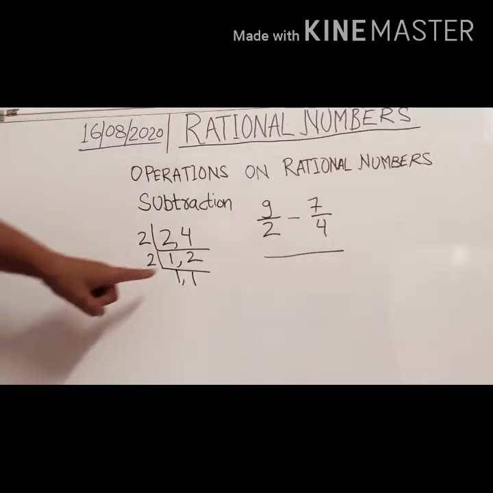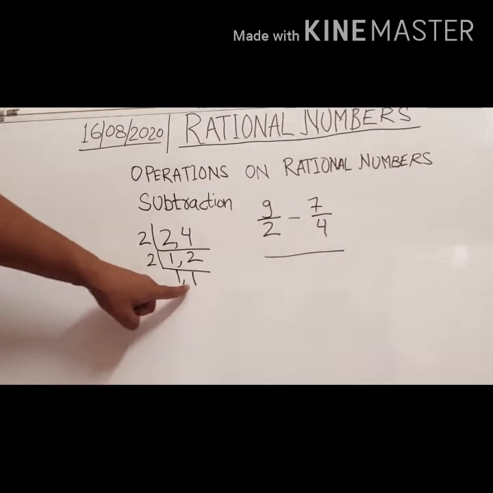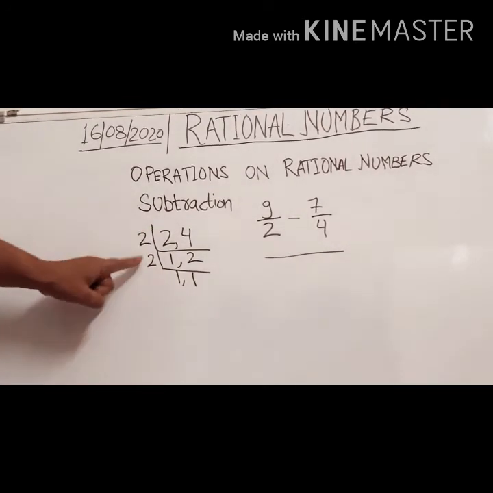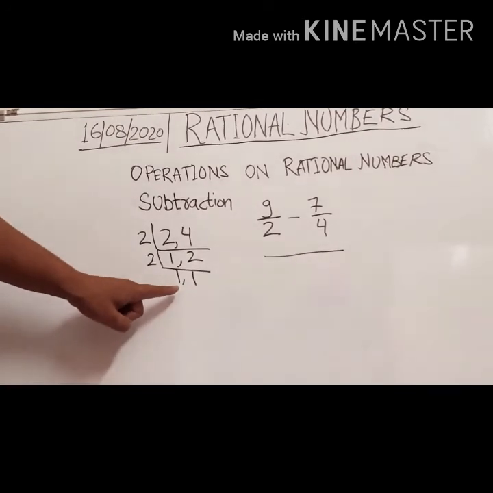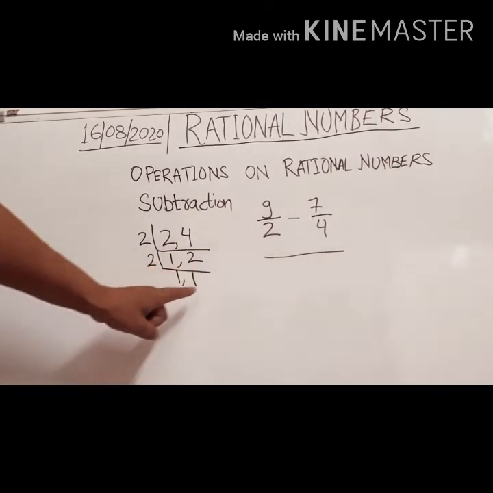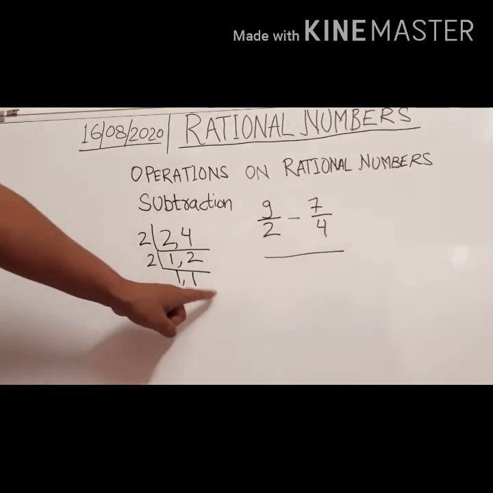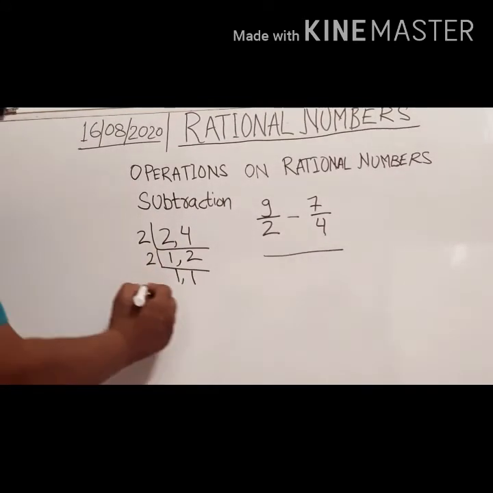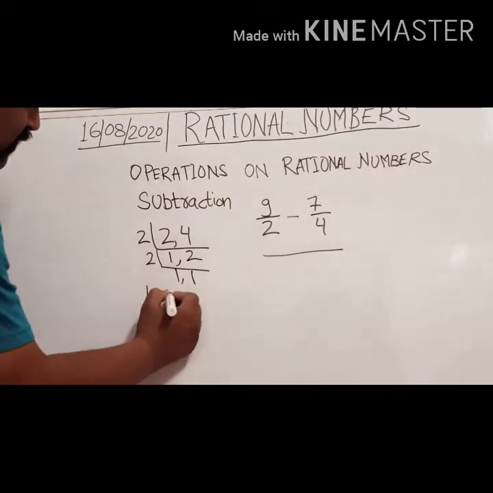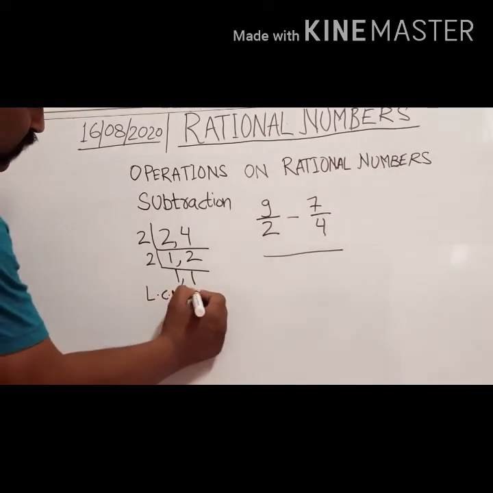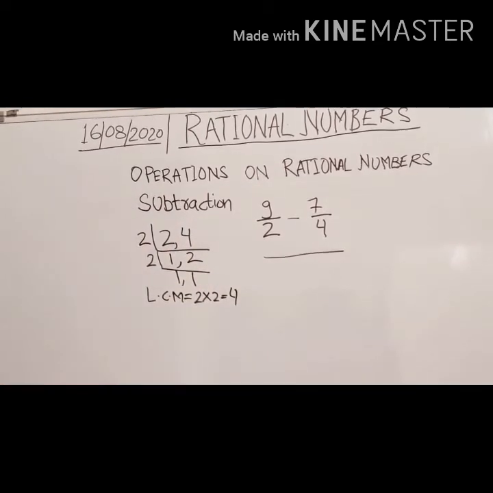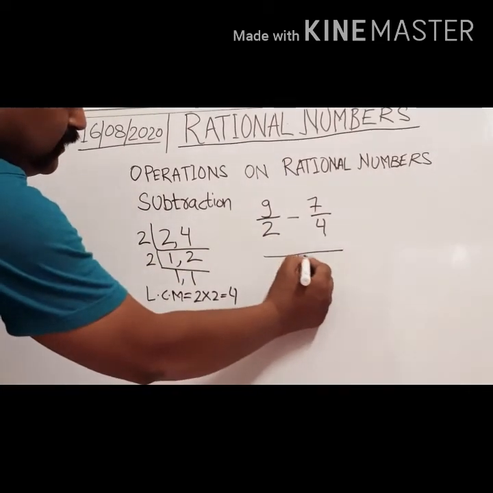Now finally it is completed and we have 1 comma 1. We do this process until we get the last line of 1 comma 1. Suppose there are 3 numbers, then 1 comma 1 comma 1. Now the LCM of these two numbers is 2 into 2, that is 4. We will write it here.